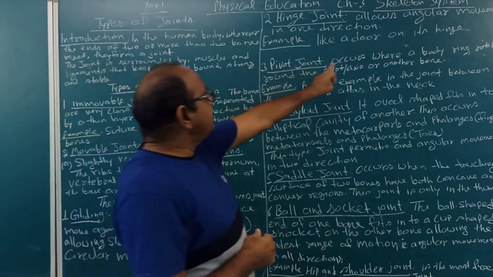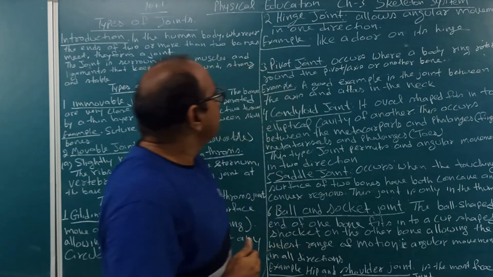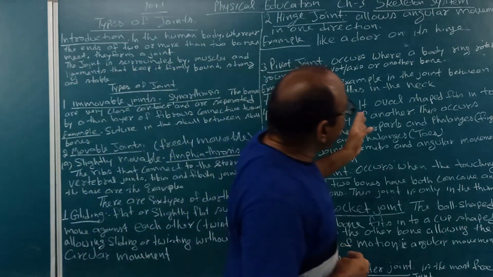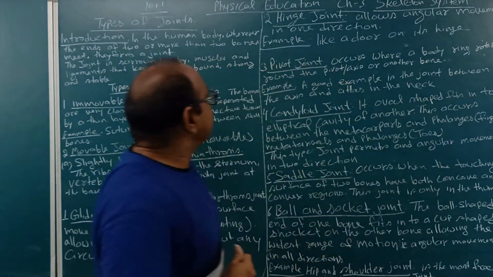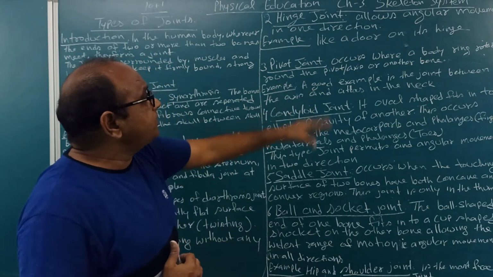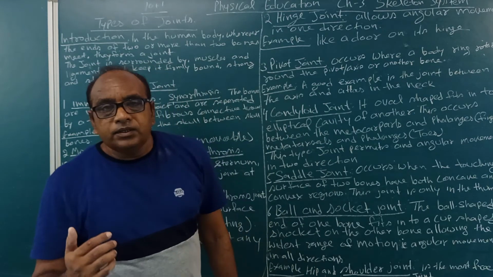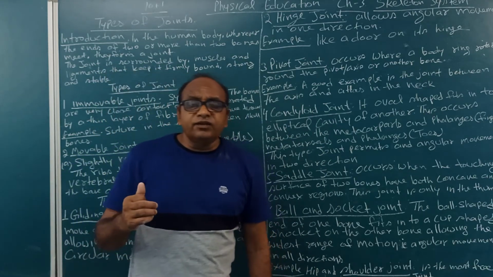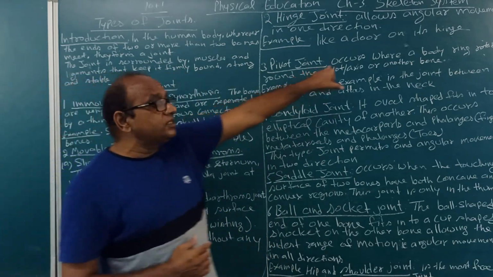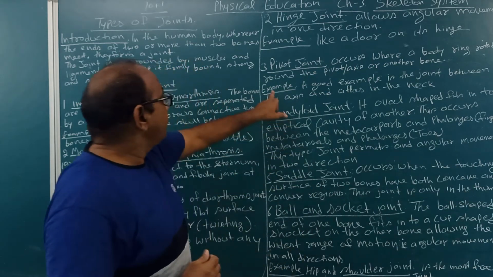Next is pivot joint. This joint occurs where a bony ring rotates around the pivot or axis of another bone. Especially in basketball, we use this pivot joint.